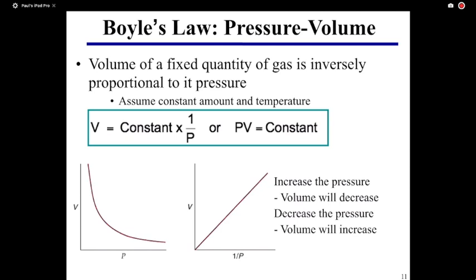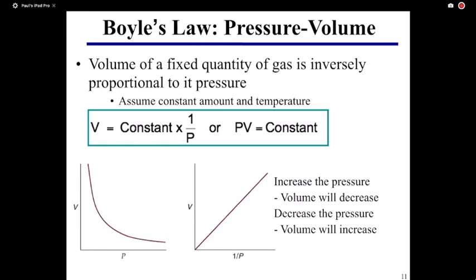Conversely, if I take the volume and I make it bigger, the pressure goes down. The relationship between these two is inverse. As one goes up, one goes down. Okay? Boyle's law. Now, mathematically, volume equals some constant number times 1 over pressure.